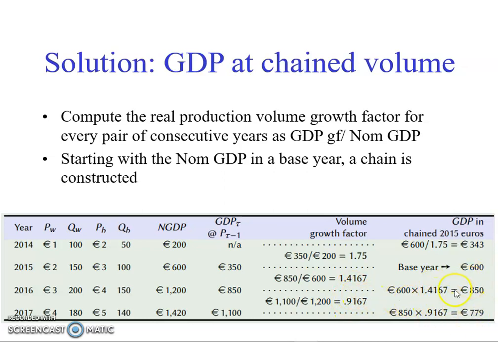We get, then, a correction of the real GDP using the chain. In the base year, GDP at constant and at current prices are equal. But for the years before the base year, we divide the base year by the growth factor. That's it for the GDP at chained value.